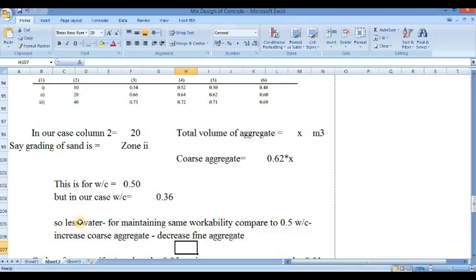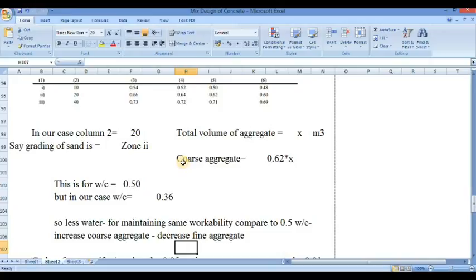When there is less water, that means you have less water to use. The water is used to hydrate the cement and to saturate, or you can say the water actually gets held on the surface of the coarse aggregate and fine aggregate. Obviously the surface area of coarse aggregate is less compared to fine aggregate; for fine aggregate the surface area is more.